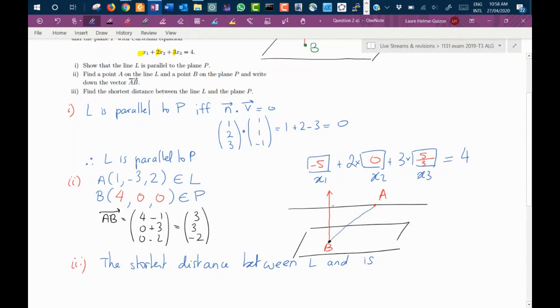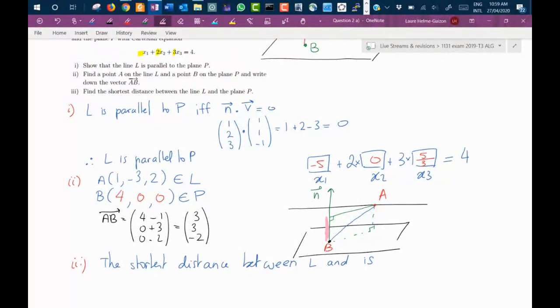Let's assume they are right above each other. That's not the one I want. Yes, we need to project onto N. So if my normal vector is there, sorry, I changed colors, here I could get this right angle. The distance I want is really that. And I could get this by projecting AB or BA onto N.